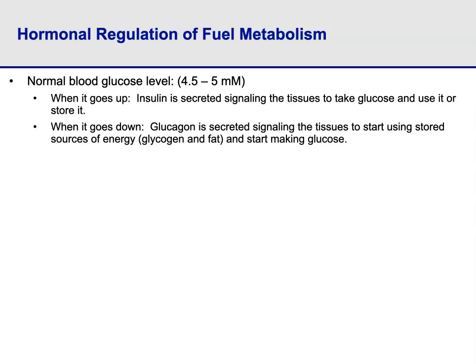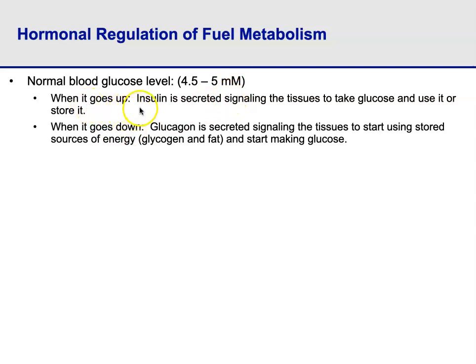And since glucose is the main source of energy for the body and the brain specifically, I will begin this presentation with focusing on it. So the normal glucose level in the blood is around 4.5 to 5 millimolar. Does it go above? Of course. Does it go below? It can, but not under normal circumstances.